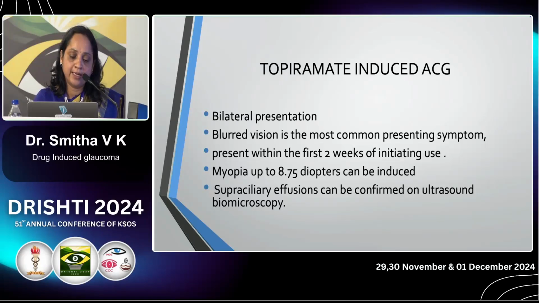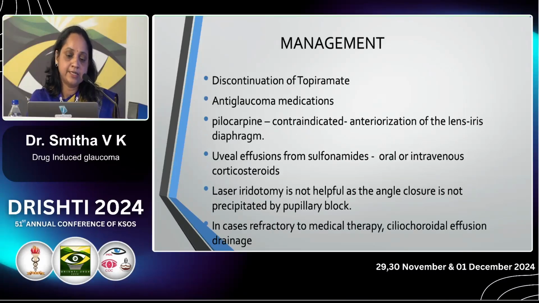It is usually a bilateral presentation, with blurred vision the most common symptom, and usually presents within the first 2 weeks of use. Myopia up to 8.75 diopters is induced, and UBM usually shows supraciliary effusion. Management is discontinuation of the topiramate and anti-glaucoma medications to control IOP.